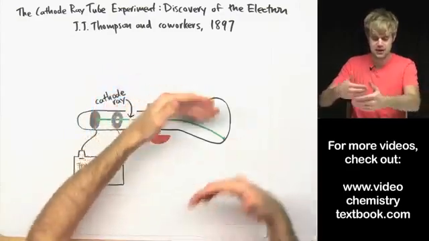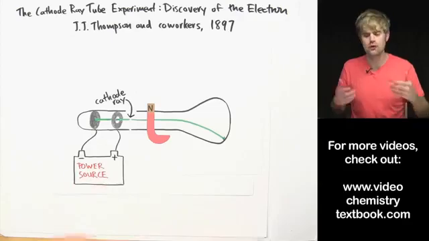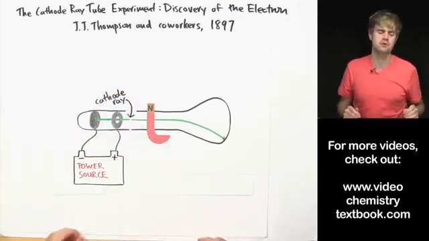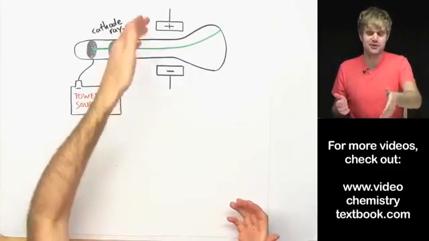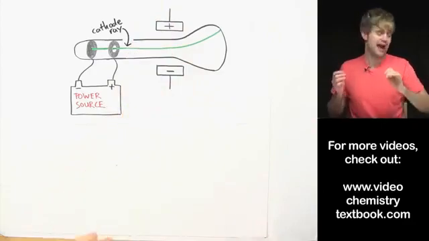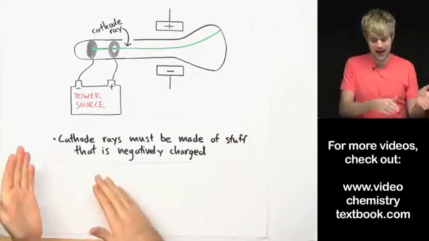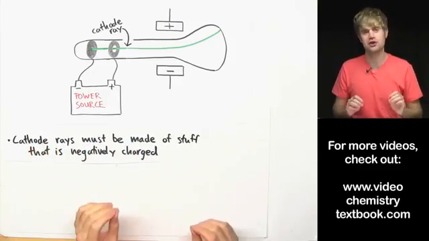So he takes the data that he gets from these experiments, and he's able to draw a few important conclusions about cathode rays and what makes up atoms. Okay, so based on the outcomes of the experiments with the charged plates and the magnet, Thomson is able to conclude that cathode rays must be made of stuff that is negatively charged.